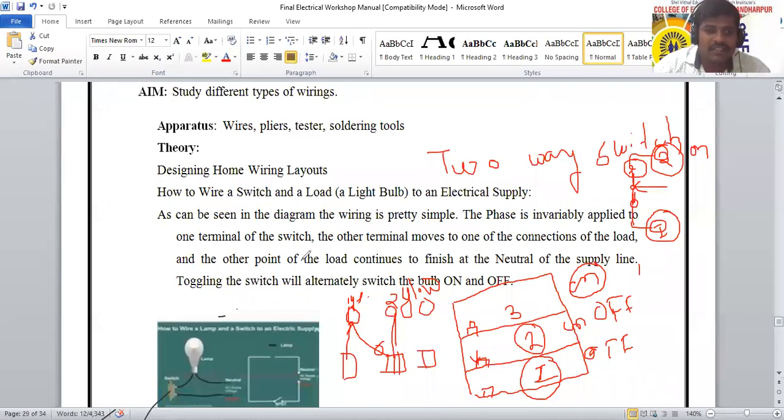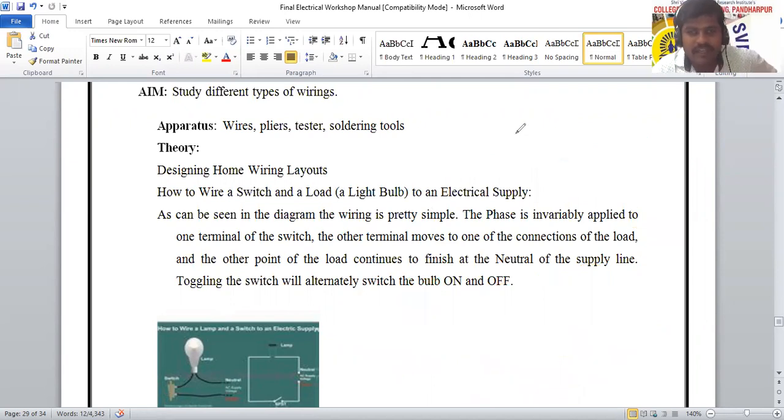So this is one type of wiring, called go down wiring.